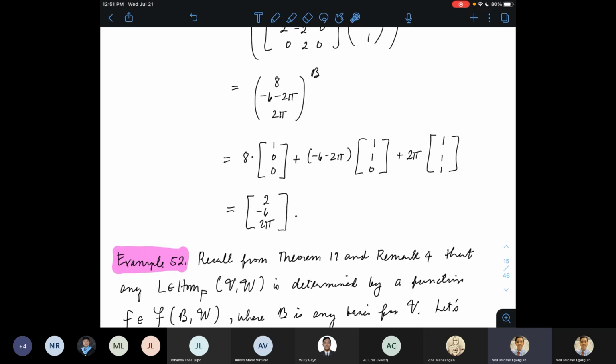Which is what we expected or what we want, because we want to have a representation for the same linear transformation. So it means that whatever process we do, the end result should be the same for all these matrix representations. Okay. All right. Any questions before we proceed?